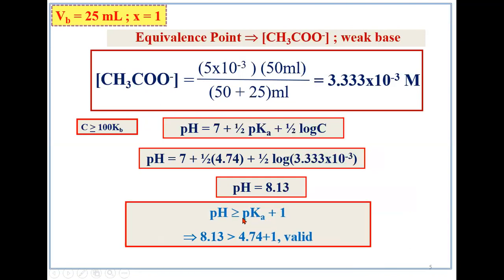Okay, so check it, because I didn't really check if the concentration is greater than 100 Kb. I need to check this number. Is the pH greater than pKa plus 1? Remember, for bases, I say pH is greater than pKa plus 1.